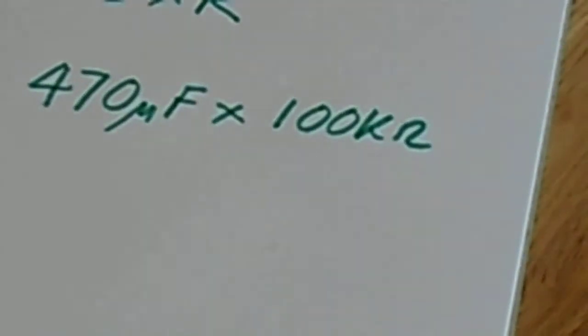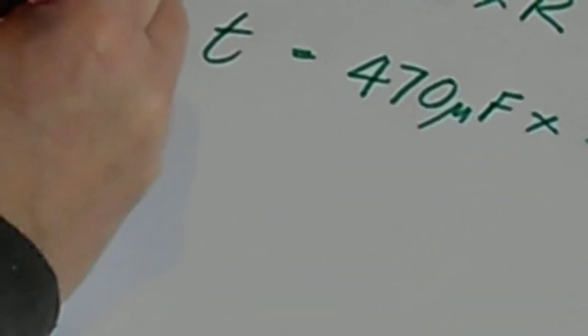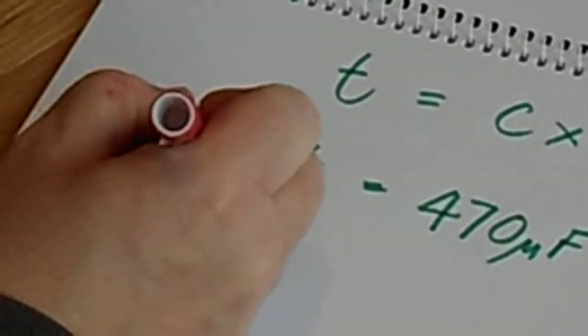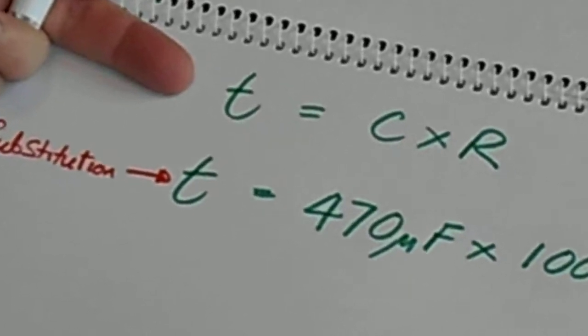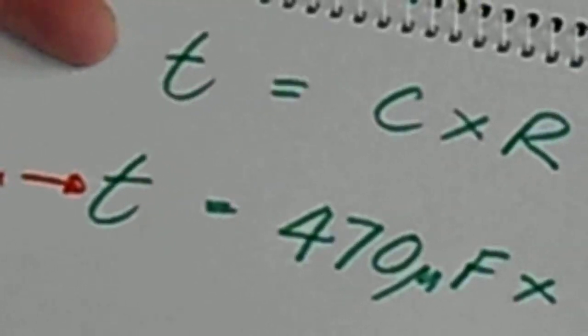That bit's called substitution, so we put that in there. So if you can put the values from the question into the formula, you'll get a mark for that. You'll also get a mark for actually writing the correct formula down.